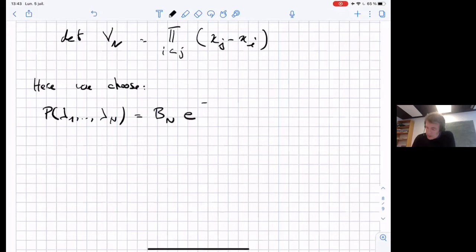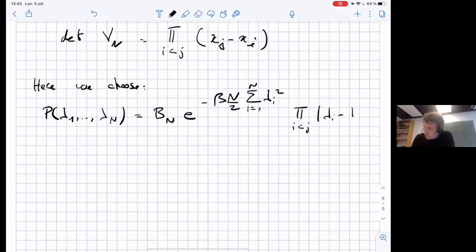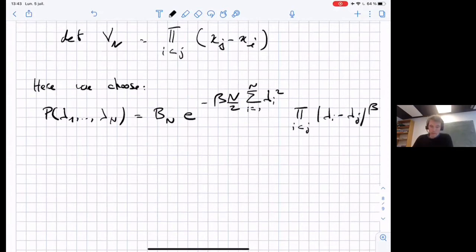I will define it as exponential of minus beta n by 2, the sum, and the beta is a bit arbitrary, but you will see why in a minute what I decided to put. And then I have this lambda j power beta. The important thing to notice here is this factor n.